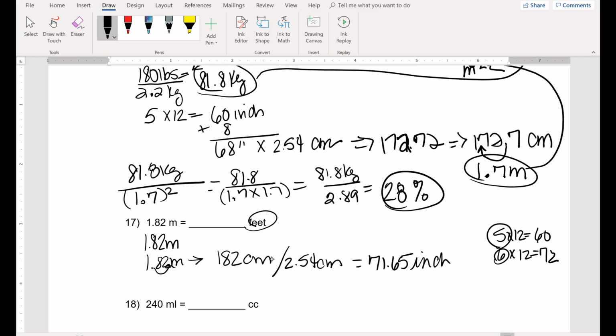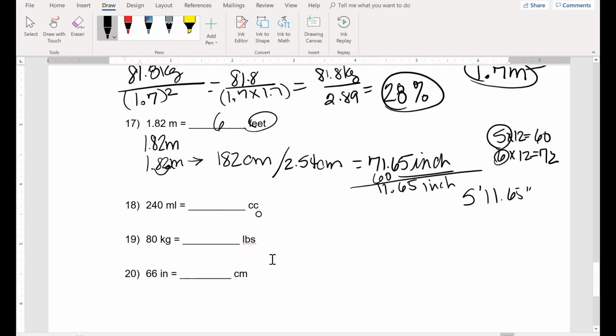So what I would do is I would subtract the 60 inches. So we get 11.65 inches. So we have 5 feet 11.65 inches. So basically, this patient is almost 6 feet tall, right?